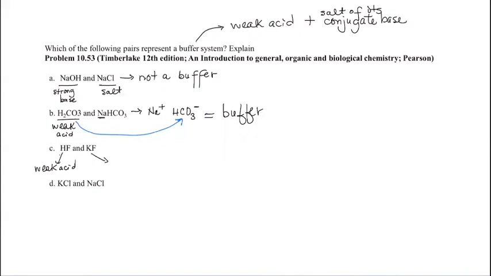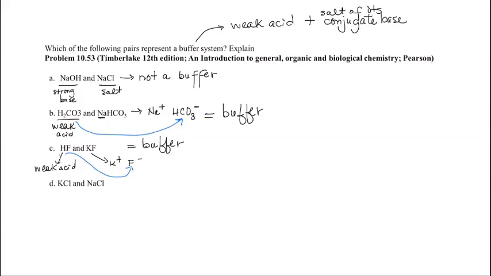K plus, F minus. Let me ask a similar question. Is F minus the conjugate base of HF? Remember, if your conjugate base is paired with a metal, that makes it a salt. So letter C is a buffer.